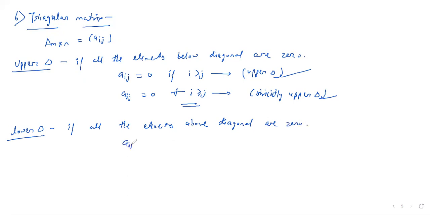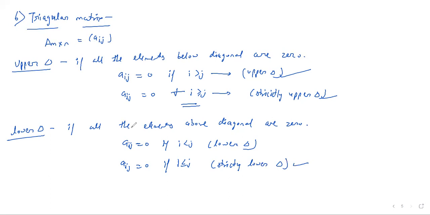That means if Aij equals 0 for i less than j, then we say that it is lower triangular, and Aij equals 0 if i less than or equal to j, then we say that it is strictly lower triangular. Sorry. Okay. So this is how we can define a matrix as upper triangular and lower triangular, and strictly upper triangular and strictly lower triangular.